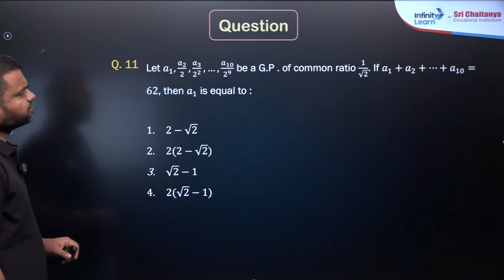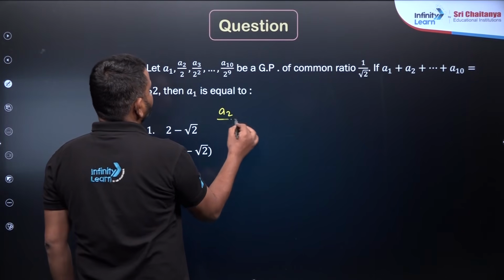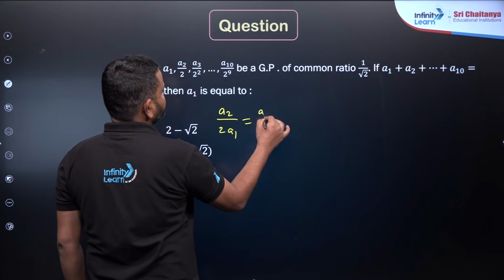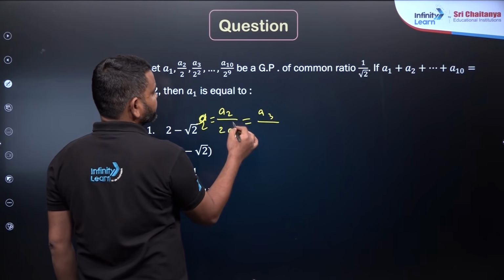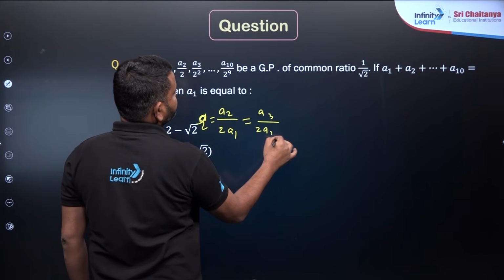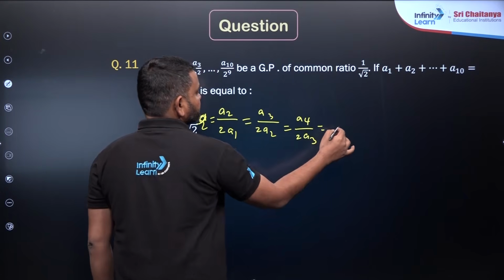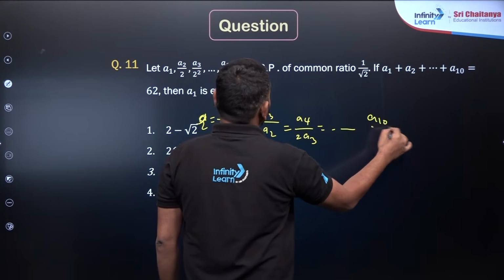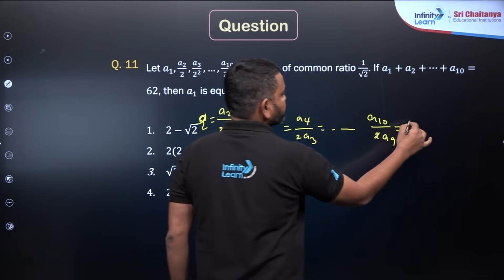Next, you have this as a GP. So this is going to be A2 by 2A1, that is equal to R I am writing here, common ratio, A3 by 2A2, that is equal to A4 by 2A3, and so on, A10 by 2A9, that is equal to, they have given as 1 by root 2.